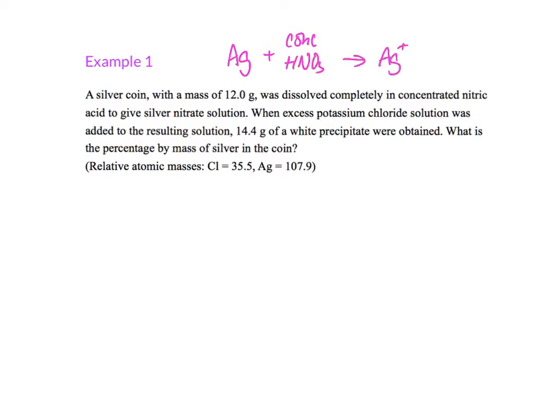When excess potassium chloride solution was added to the resulting solution, 14.4 gram of white precipitate will be obtained. You learned this before: if we have silver ion and chloride ion, they react to give silver chloride, which is solid, a white precipitate.